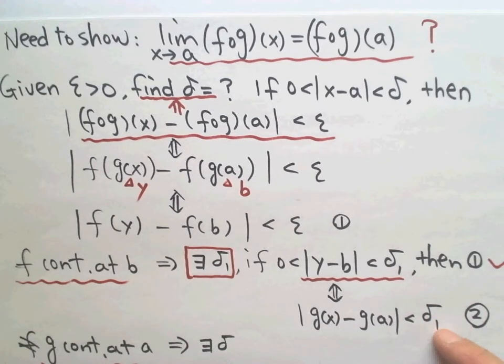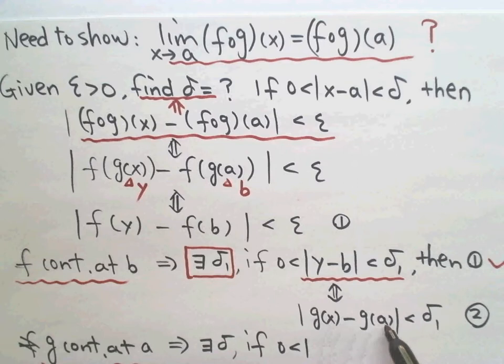You can imagine this is epsilon, just imagine, any small number. Even given this, can g(x) go into the epsilon neighborhood of g(a)? Yes, because g is continuous. So there exists delta such that if x approaches a, |x - a| less than this delta, then this approaches this, right?